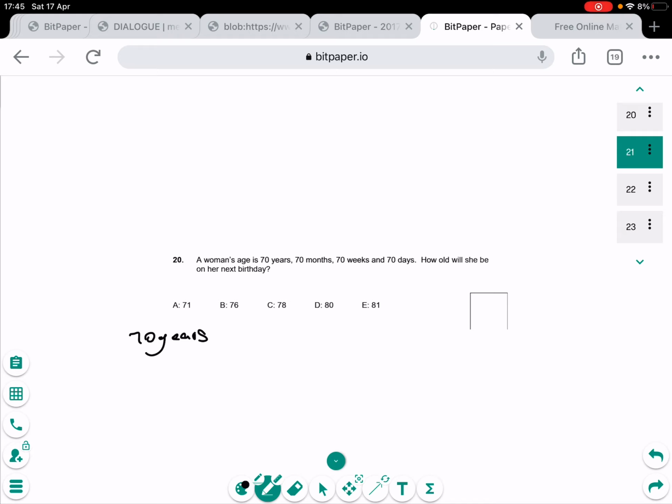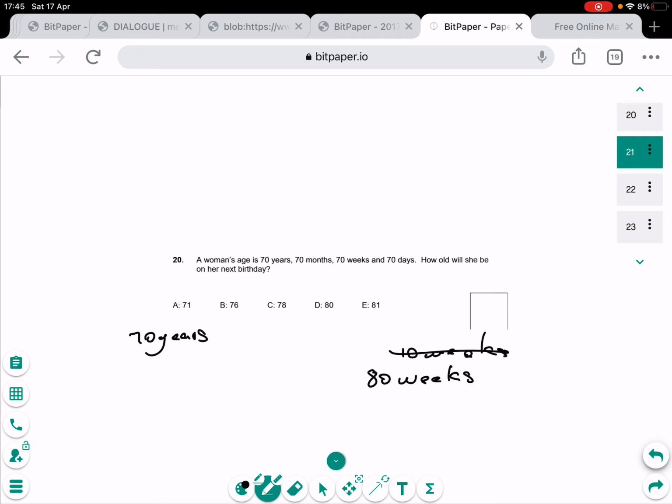Let's make that into weeks. So a week is 7 days, so 70 days is 10 weeks.